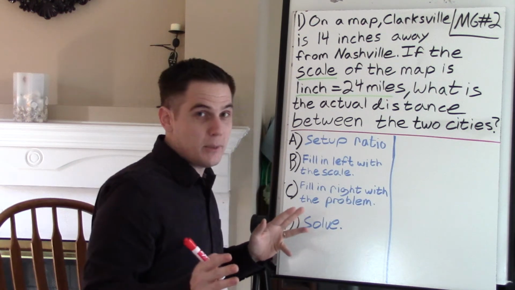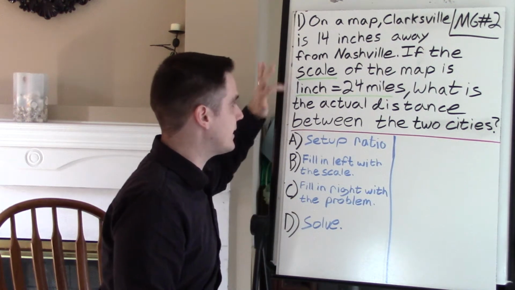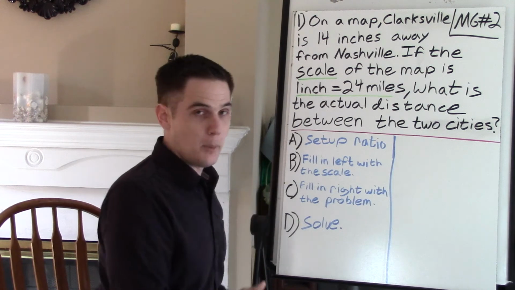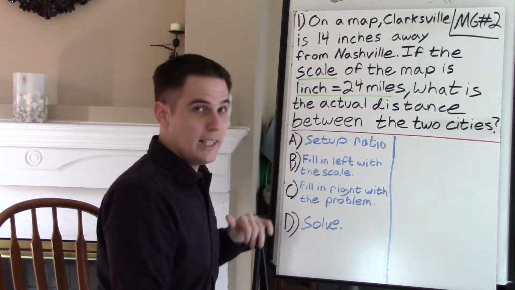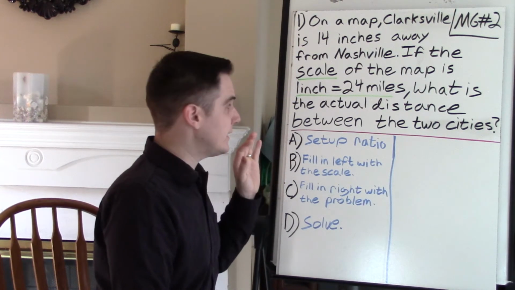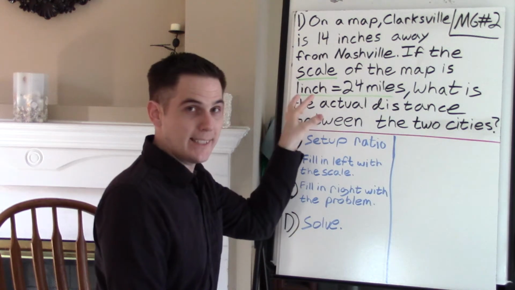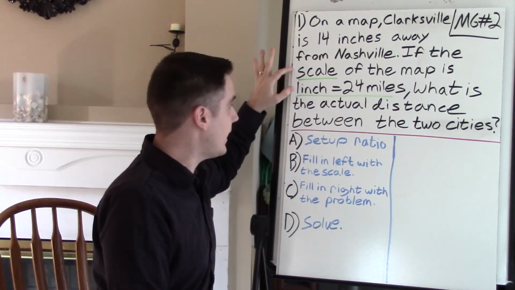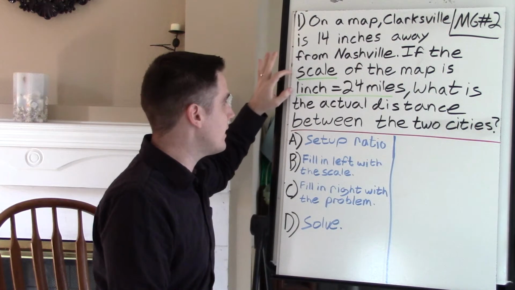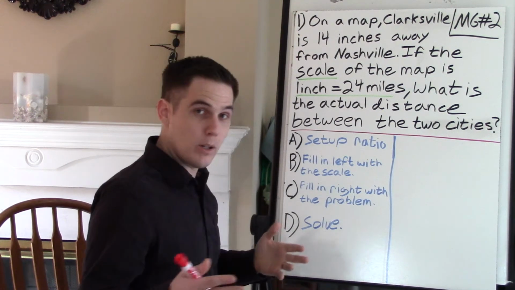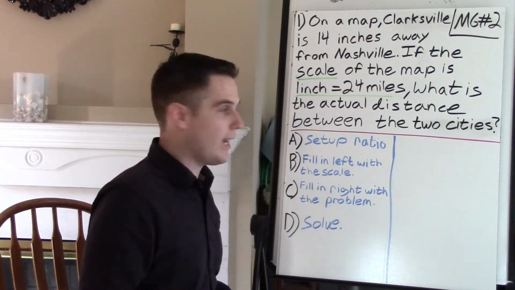Or not really, because they'll just tell you this is the scale. Some problems they'll straight up say here's the scale. Sometimes they won't, but the idea is that you're looking for that scale, whether it's identified as scale or not. And anything that's not in the scale is part of what you're solving for. That's going to go along with your x.